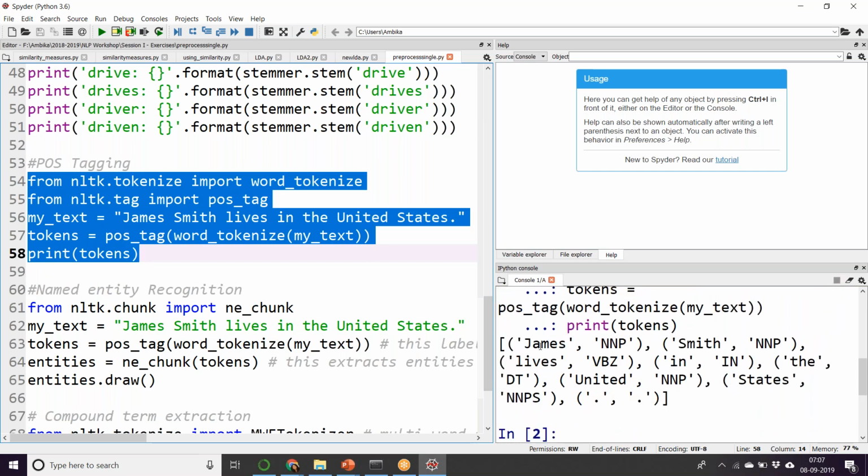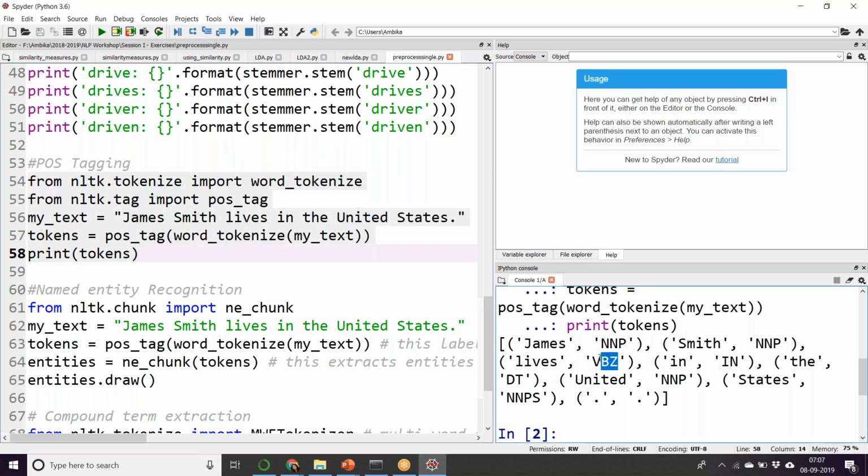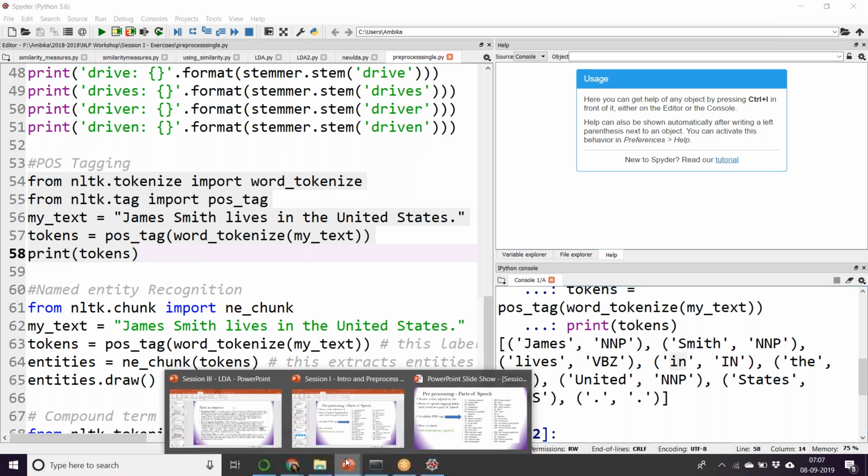If you look at the name, it is a noun phrase; Smith is also a noun phrase. These are all the POS tagging. I think we also had a discussion on the preposition. So in is a preposition, the is the determiner, and this is also a noun phrase, and state is also a noun phrase. All these explanations are given in the parts of speech tagging table.